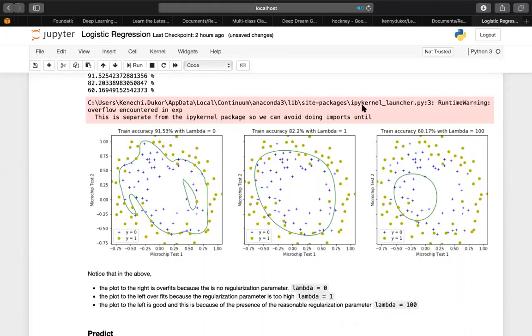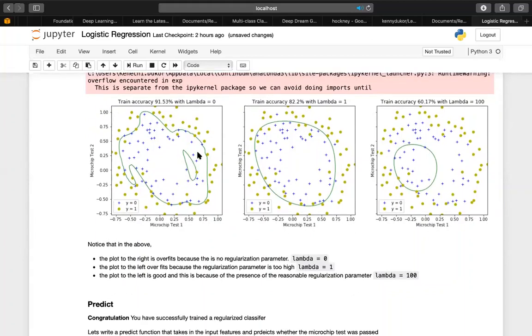For those who were in the last class or the last two classes, you remember this plot, where the one to the right is trying to learn every single detail in this data set. That's why it's trying to separate the data points represented by plus from the ones represented by the dots.